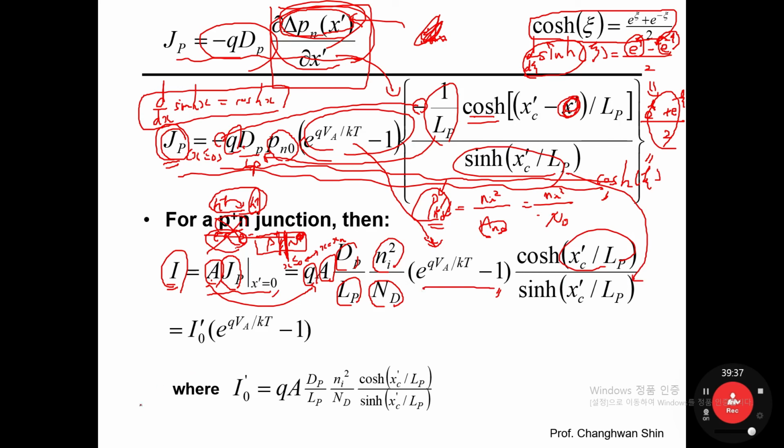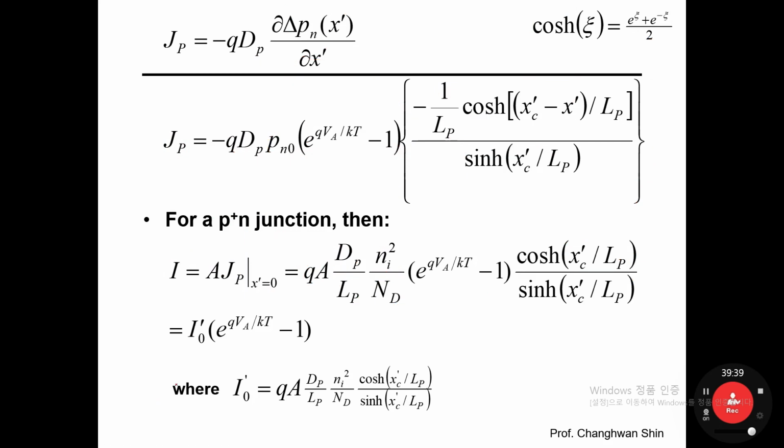Okay, and now the total current flow across the P plus N junction can be defined with this equation. And now, the bias that you have applied is critical in determining the current flow in the P plus N junction.